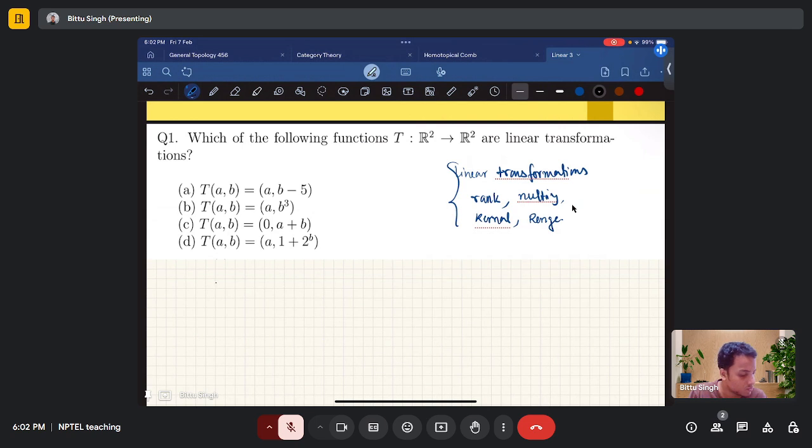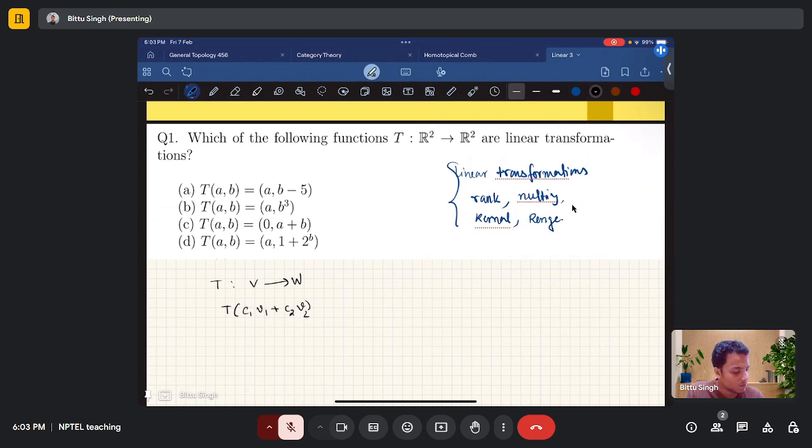If we see the definition, a linear transformation is a function from V to W, two vector spaces, which preserves linear structure. Suppose there are two vectors, and we take the linear combination C1 V1 plus C2 V2.